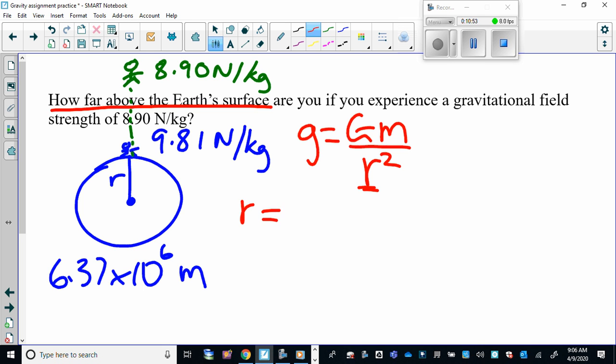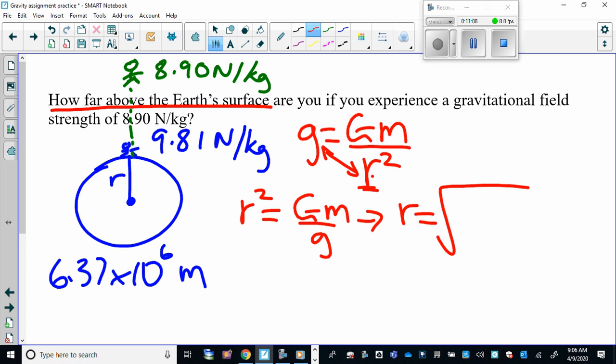R squared equals big G m over little g, and therefore R equals the square root of big G times m over little g. Plug the numbers in.